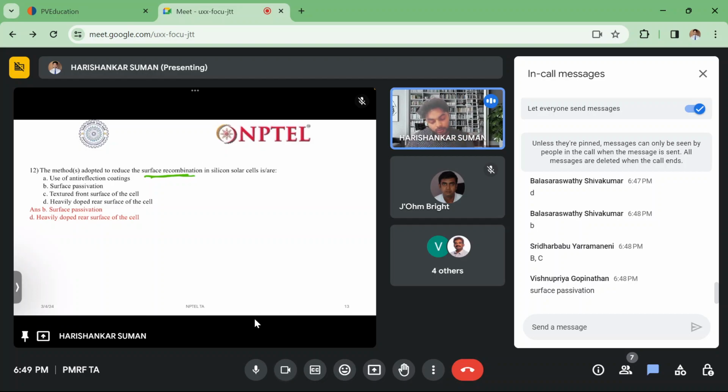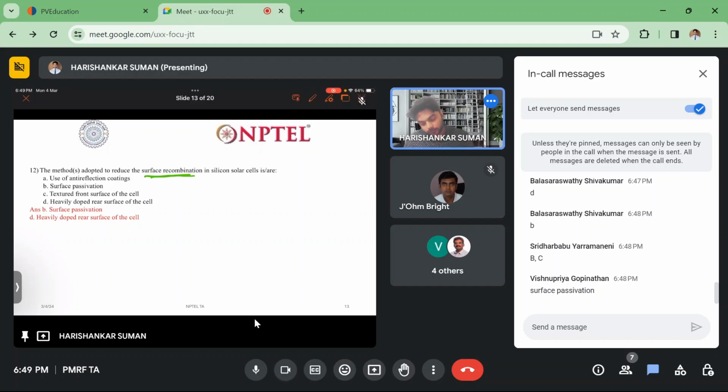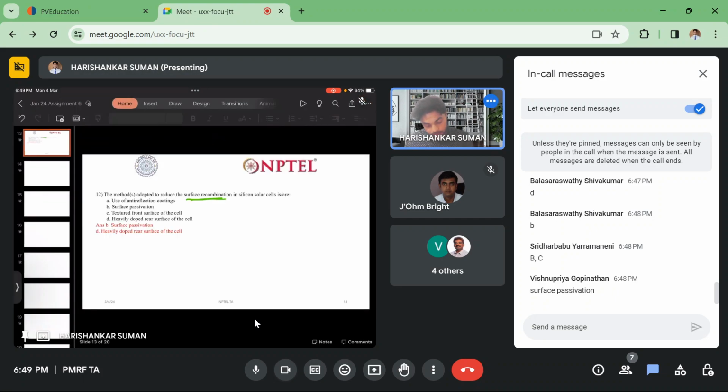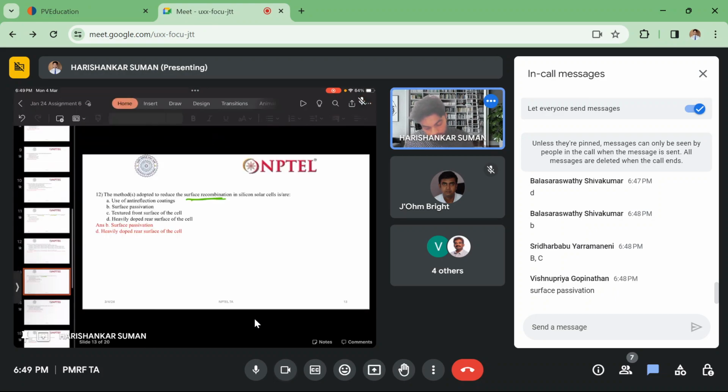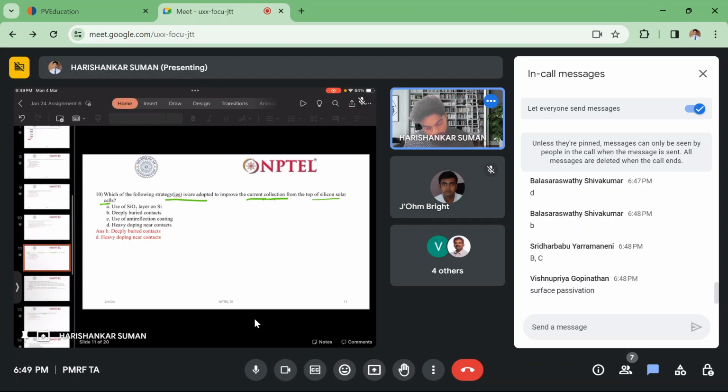The previous question, about light coupling, we have already discussed, and this is about recombination.